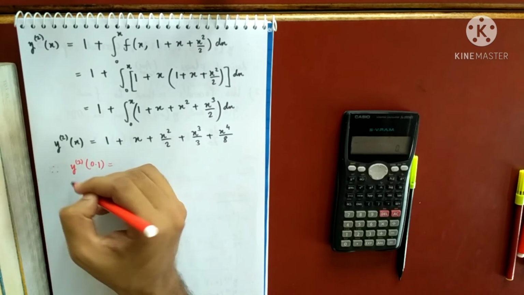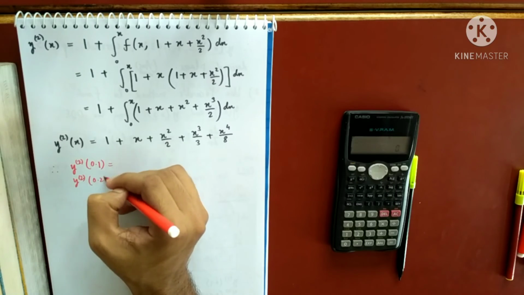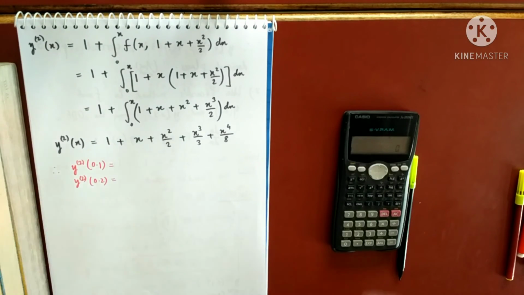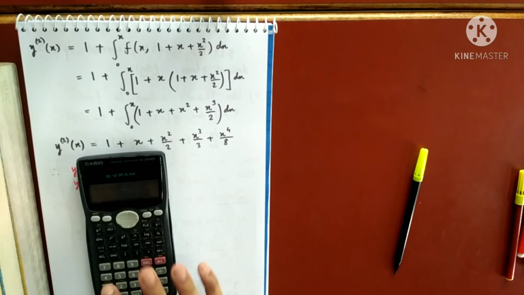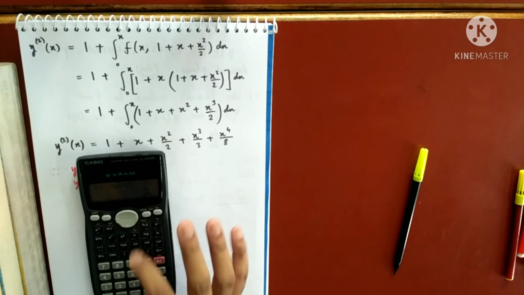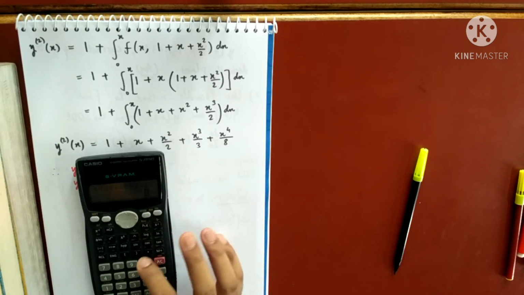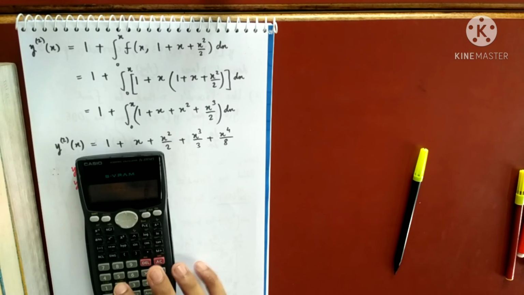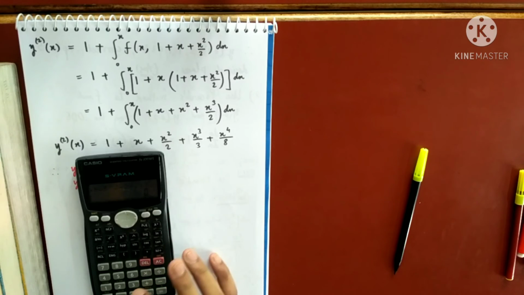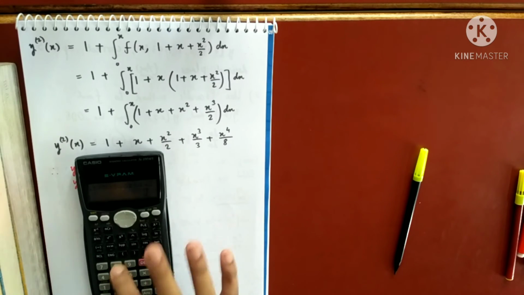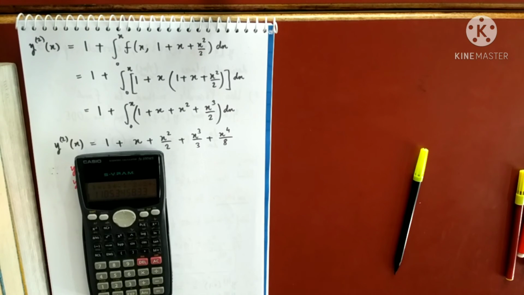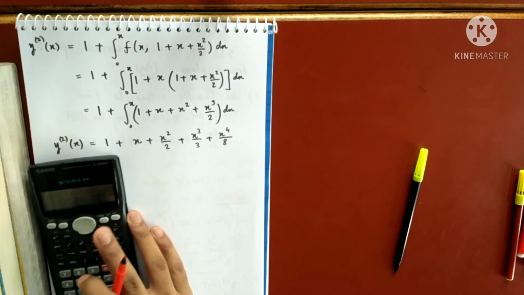So let's calculate the value of y at 0.1 and also at 0.2, and let's see what we are getting. So what I have is 1 + 0.1 + 0.1 square divided by 2 + 0.1 cube divided by 3 + 0.1 to the power 4 divided by 8.